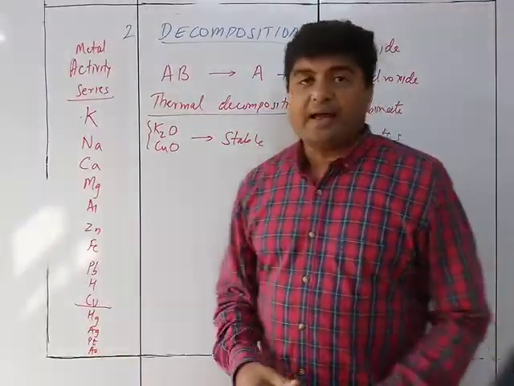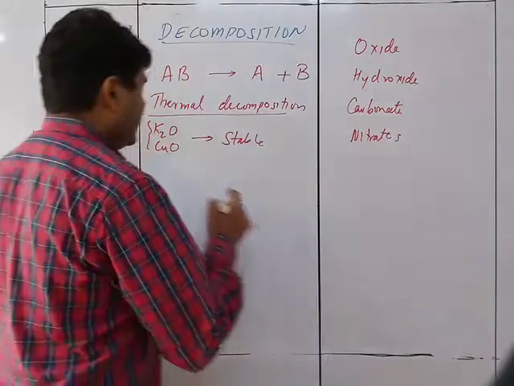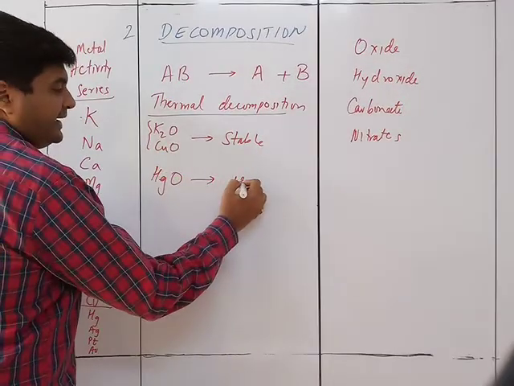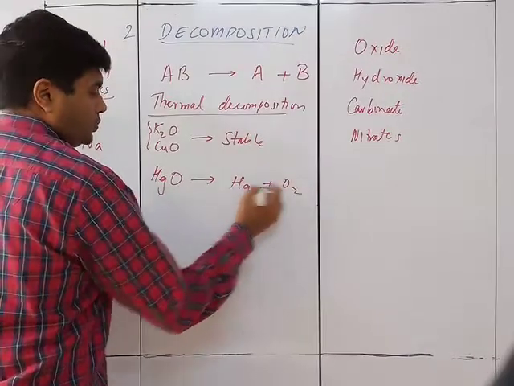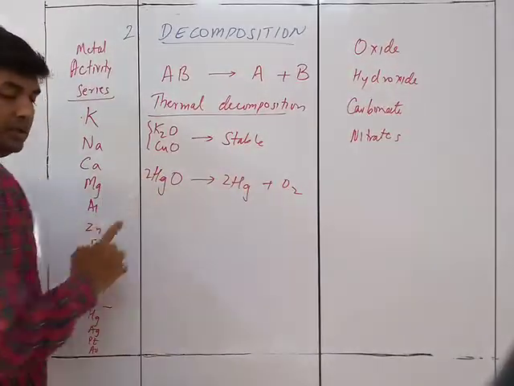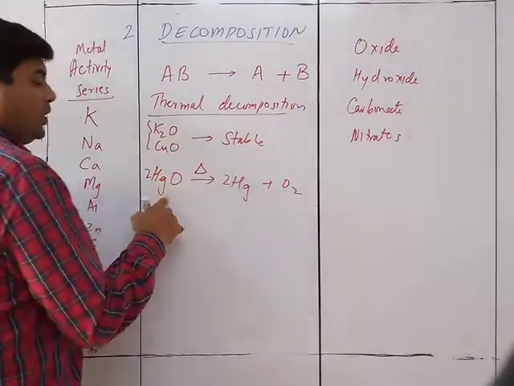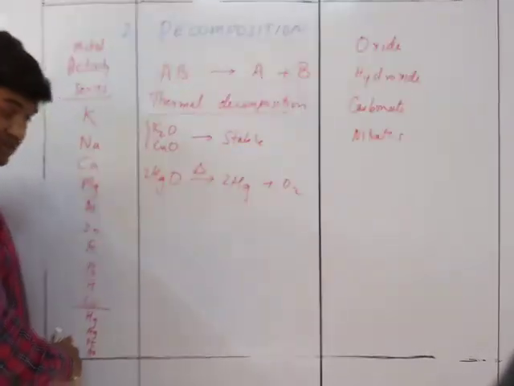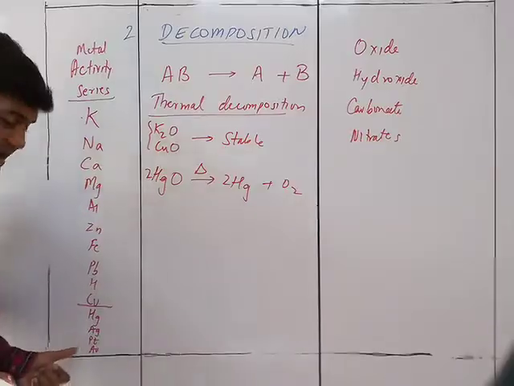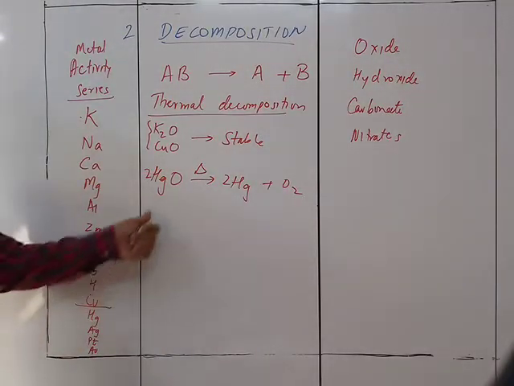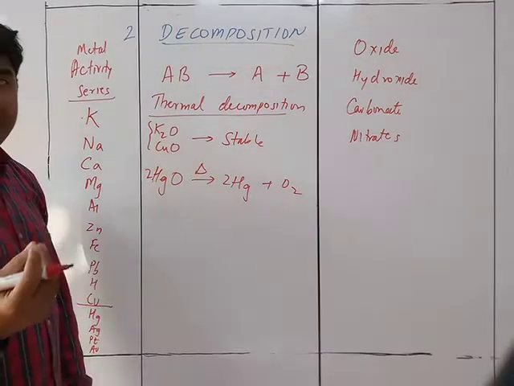But उसके नीचे वाला है, like अगर मैंने mercuric oxide लिया, HgO, on heating it becomes Hg plus O2. So this is important: if I am going to heat an oxide of anything below this, normally ये तो oxide form करेगा ही नहीं, Ag, Pt, Au तो oxide form ही नहीं करेंगे, but mercury फिर भी थोड़ा बहुत possibility है form करेगा.